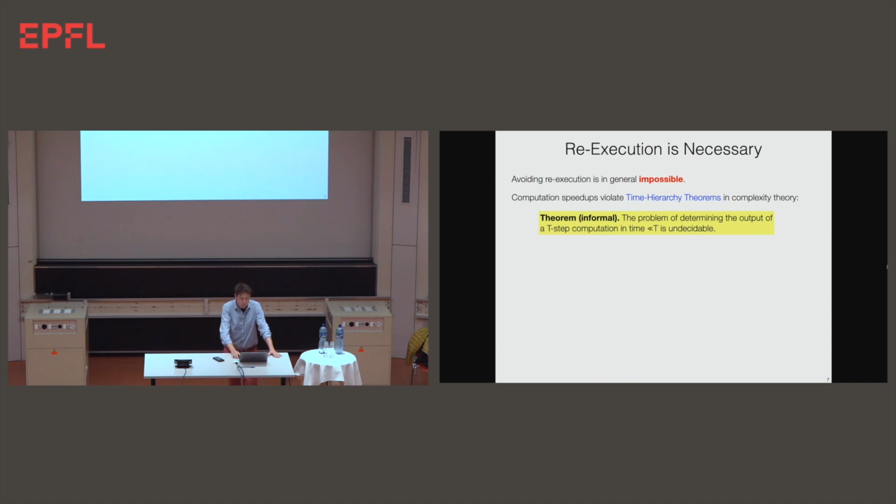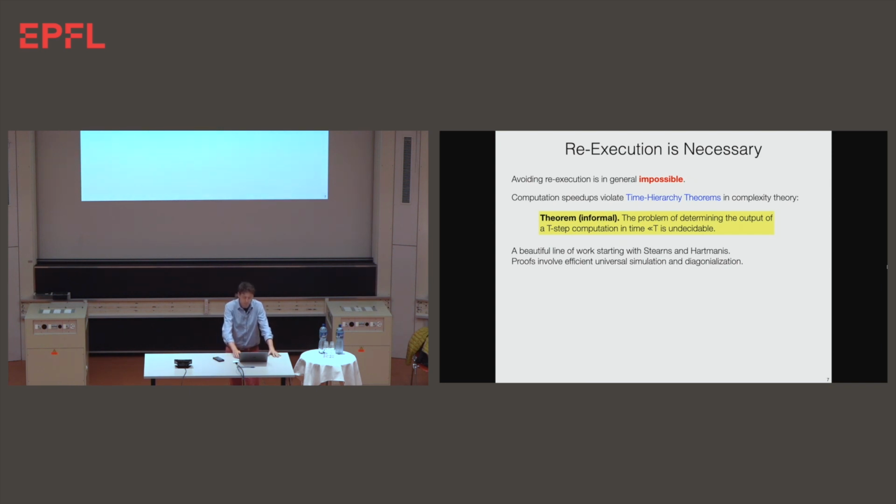Okay? That's roughly speaking. It's a beautiful line of work starting a long time ago with Stearns and Hartmanis, and it basically says that because we have efficient universal simulation, we can diagonalize against it, and there is no algorithm that will predict the output of another algorithm in general in fewer resources than the algorithm itself.